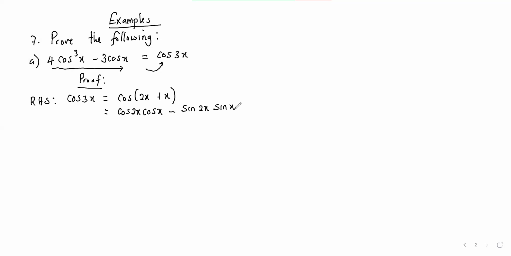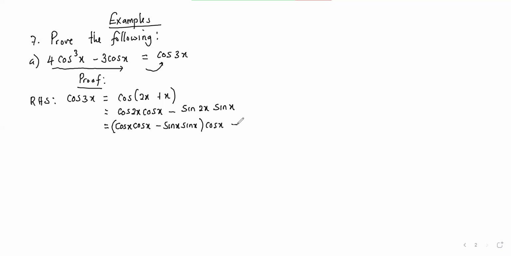Okay? Then we can expand further. Cos 2x can also be written as cos x cos x minus sine x sine x. And then sine 2x, let's go back.